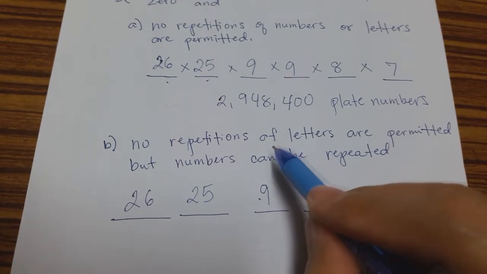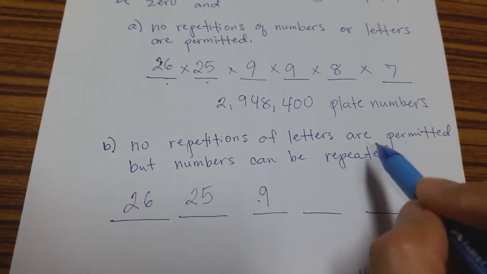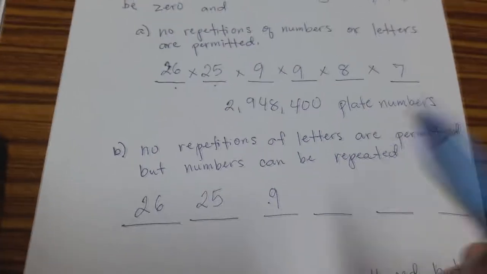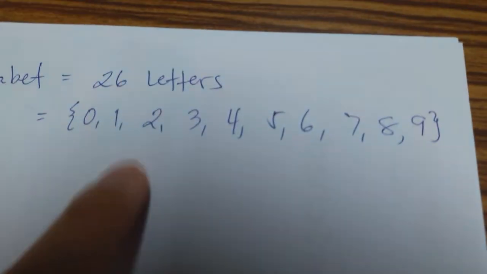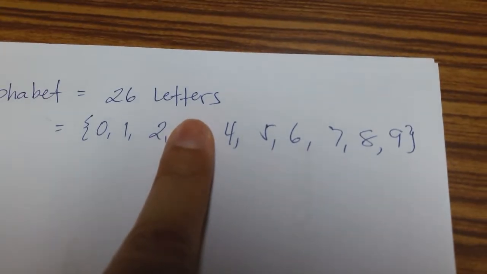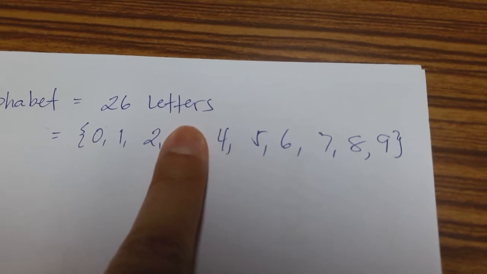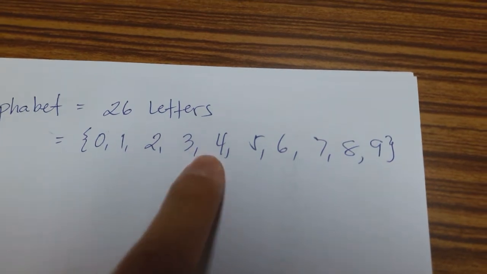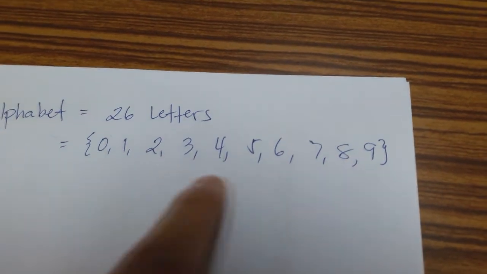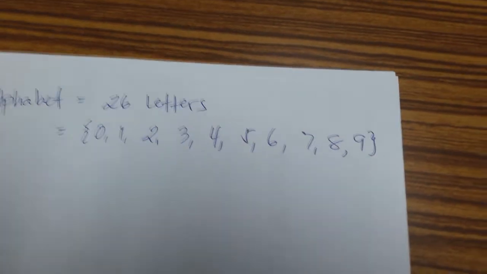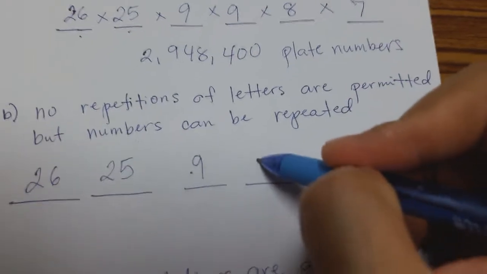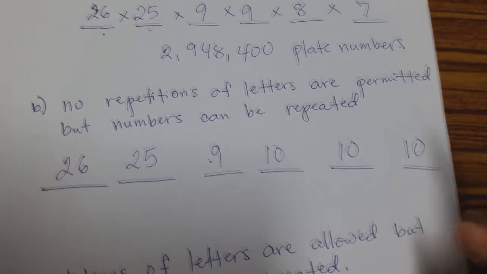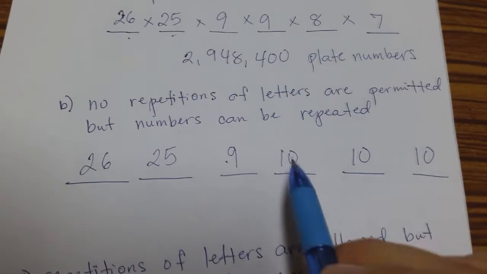Now, if I use number 3, for example, for the first line, can I use it again for the second line? How many options do I have, including the 0? 10. The rest is 10, because I can use it again and again.